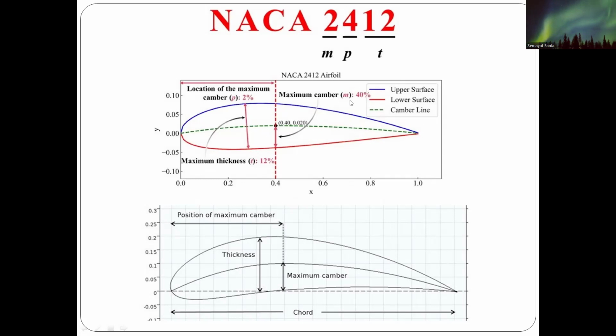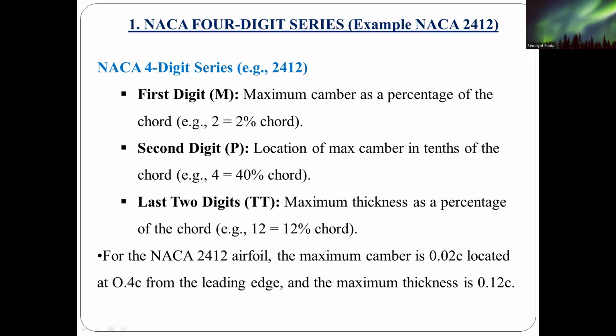Sorry, there is some confusion here: M indicates 2% of the chord. The location of maximum camber from the leading edge is 40% of the chord, indicated by P equal to 4.